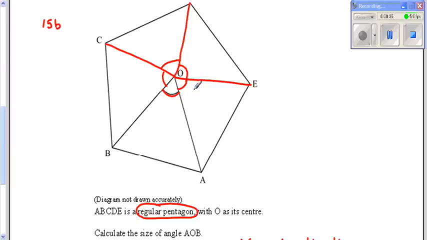Because it's a regular pentagon, each of those angles are the same size. So if we can work out what one of them is, we know then what the answer for AOB, this missing angle here, is.